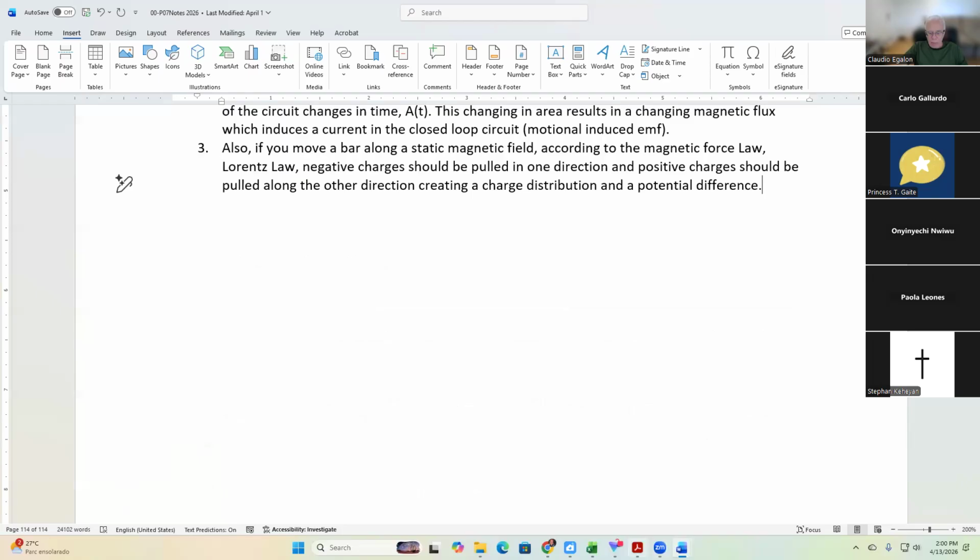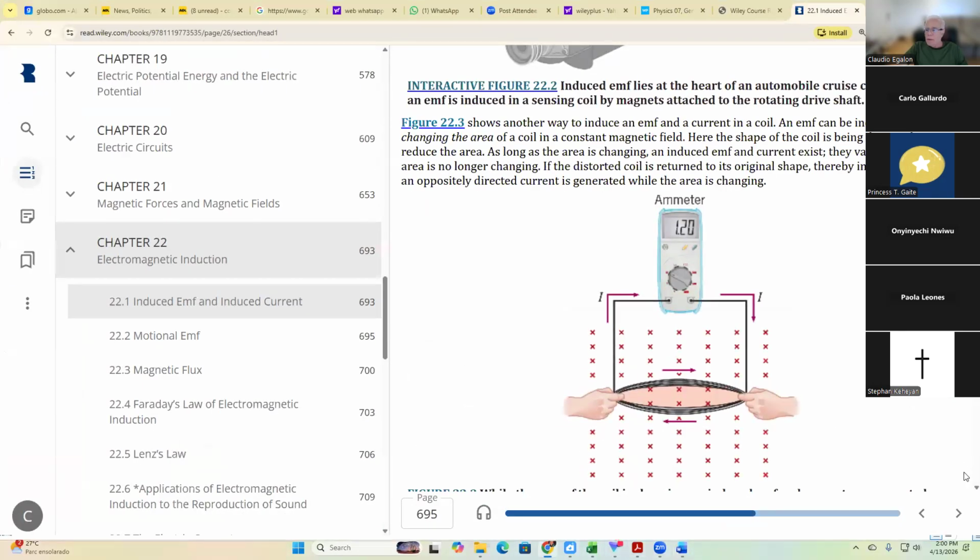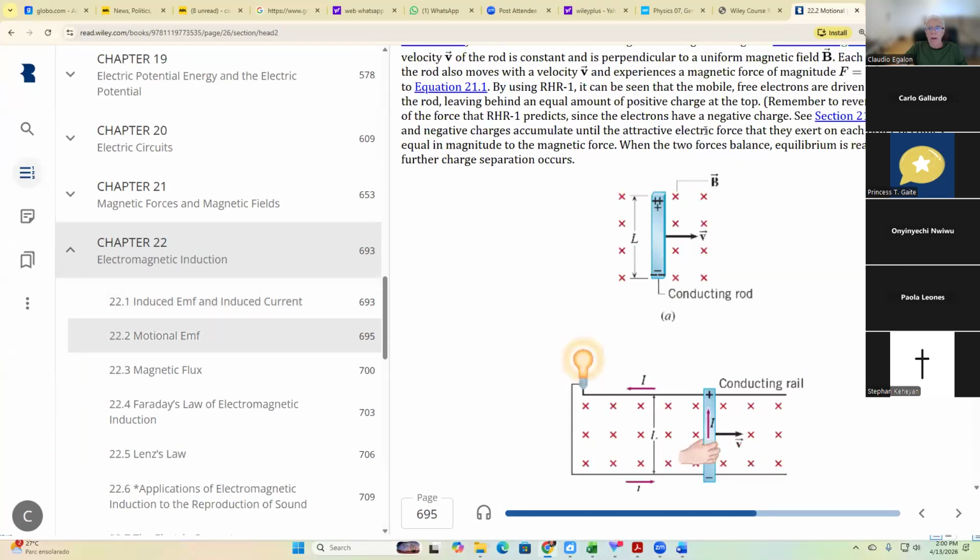And you saw that example as well, which is this one right in here. Conducting rod, v cross B. The positive charges accumulate at the top, and the negative charges end up accumulating at the bottom. It's a type of induced current, which is creating a potential difference.